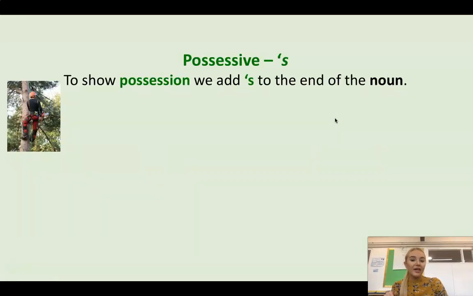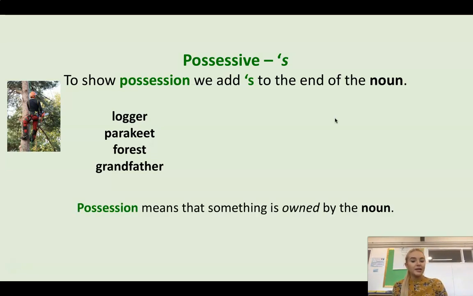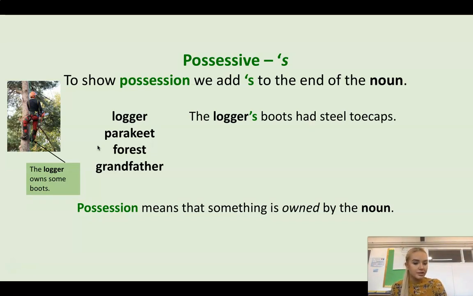Now, looking at the possessive S, we use this to show possession. So again, we'll take the examples of the logger, the parakeet, and this time we're going to think about the forest and a grandfather. Now, possession means that something is owned by the noun. So these are the nouns, and they all own something. I wonder what they might own. Let's have a think. Well, the logger owns some boots, so they become the logger's boots.